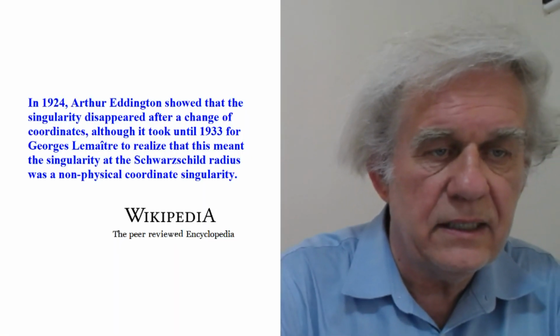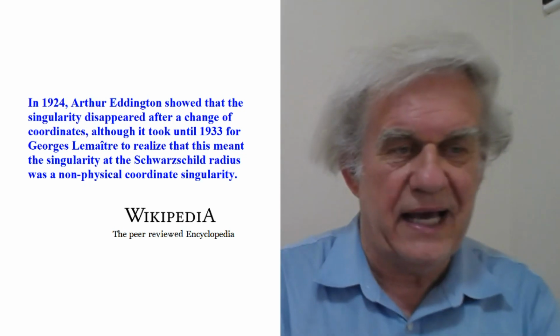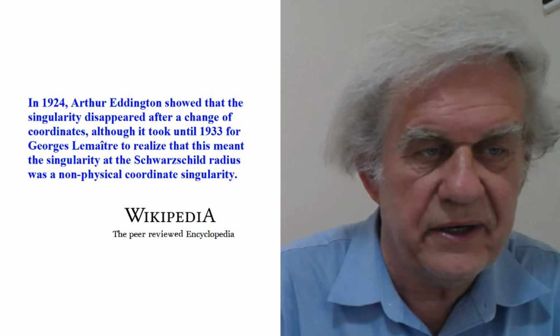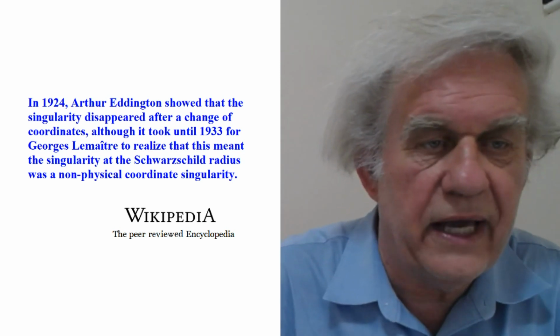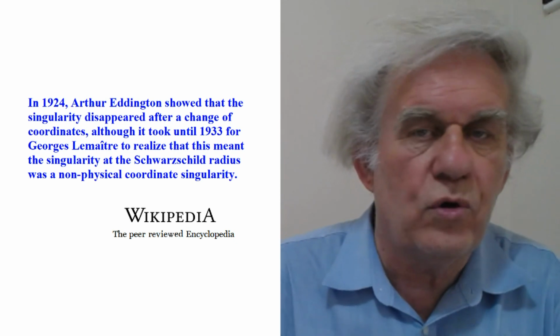And so here we have, this is the Wikipedia. This is part of what came out of that article on the black hole singularity. It says, in 1924, Arthur Eddington showed that the singularity disappeared after a change of coordinates.